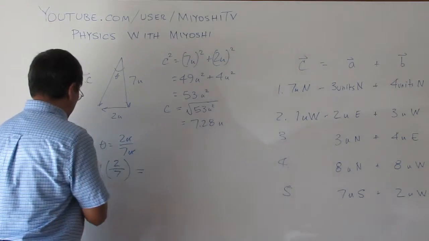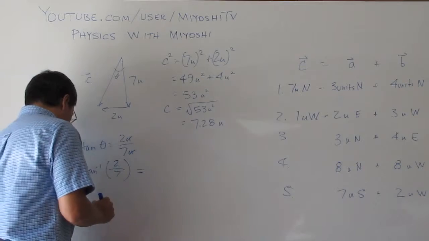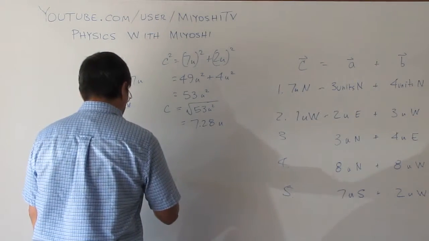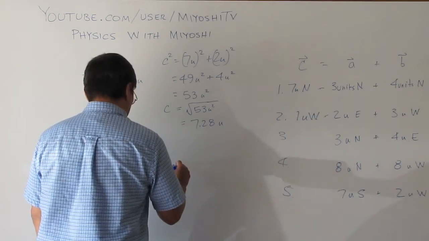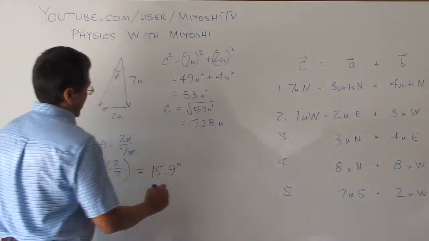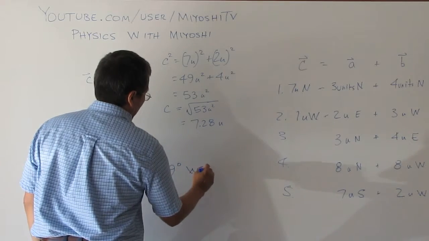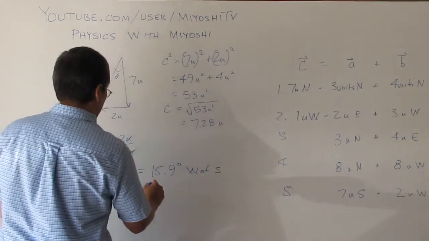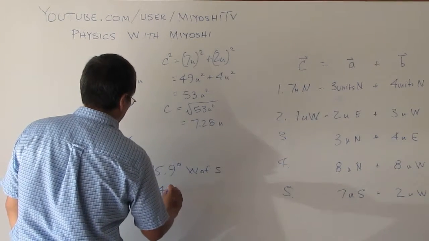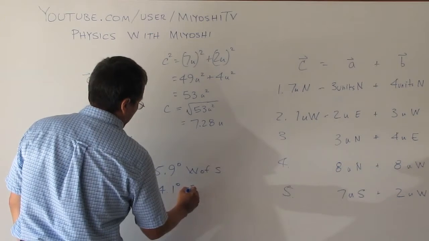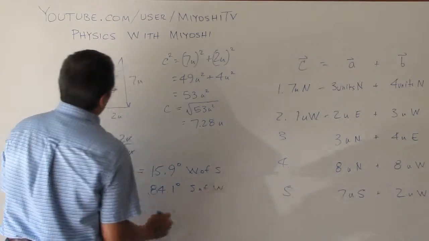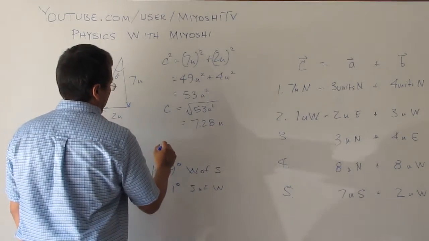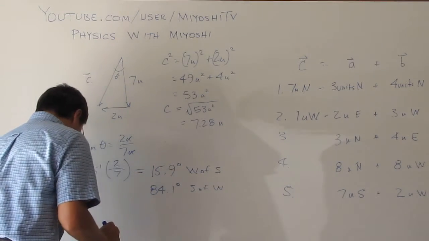So if I do that, tangent -1 of 2 over 7, I end up getting 15.9 degrees. And in this case, it's west of south. And if I subtract that from 90, I should get 74.1 degrees south of west, which would be this angle right there. So, my resultant C, is that not right?